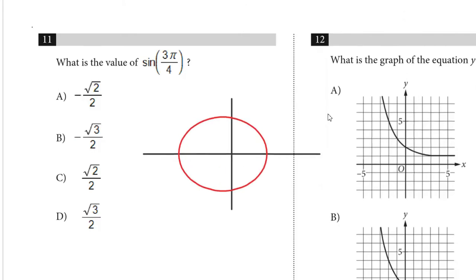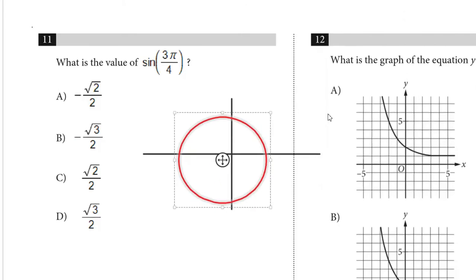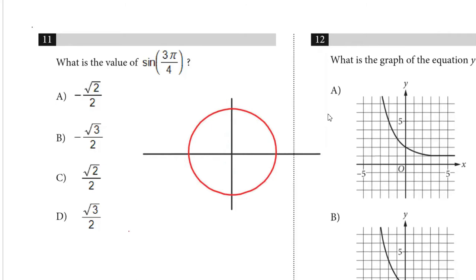So let's go ahead and put a circle right here. And let's imagine that this circle has a radius of 1 all around. Now that means this point right here is the point (1, 0), and so on. But in terms of trigonometry, think of it like the hand of a clock that goes around in this direction.